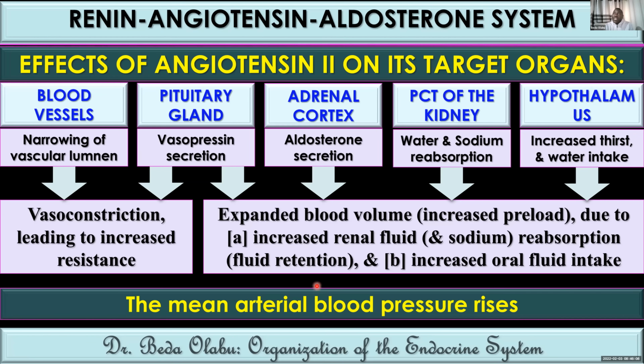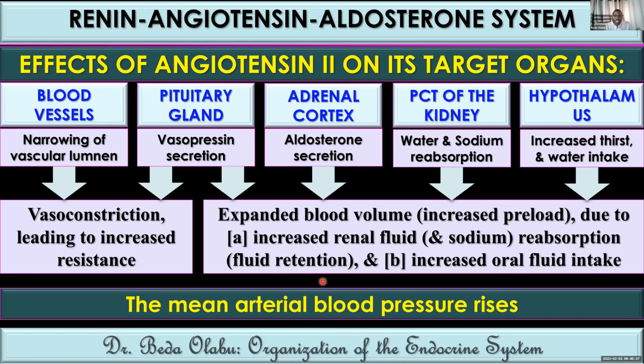And so the renin angiotensin aldosterone system is a system that helps to raise the mean arterial pressure. That is why, in the management of hypertension, in the management of high blood pressure, some of the drugs which are used are actually drugs which inhibit the renin angiotensin aldosterone system.